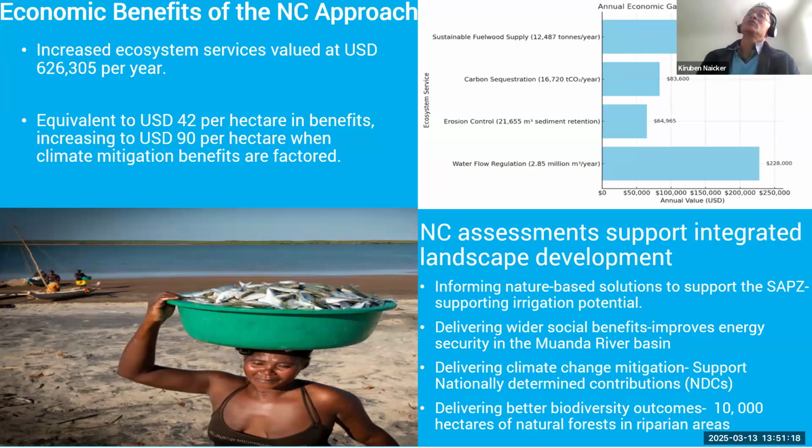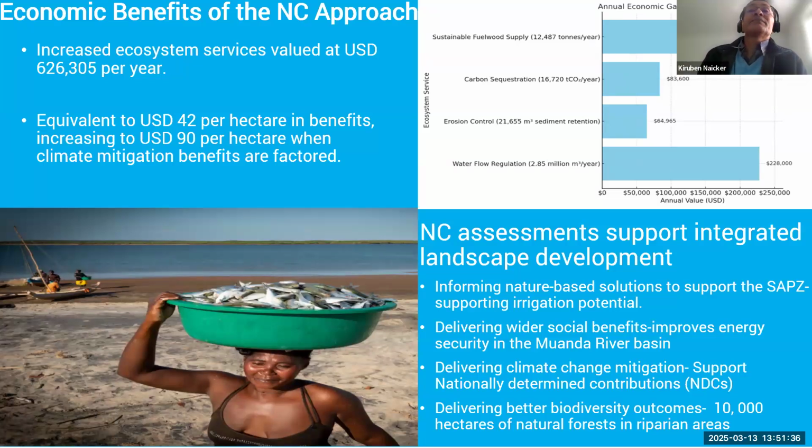This increases to 90 US dollars per hectare when considered globally, which includes the avoided social costs of climate change mitigation instead of using traded carbon prices, for example.